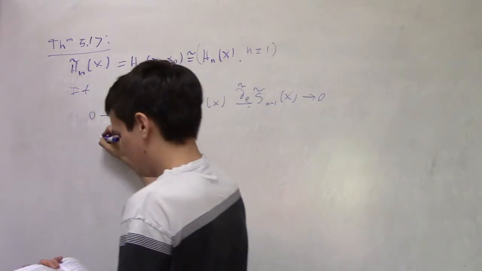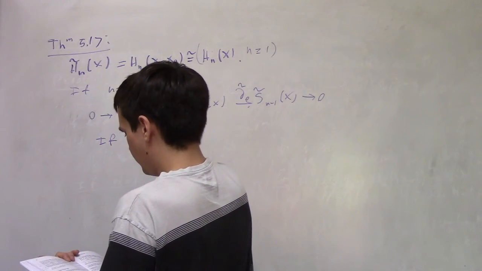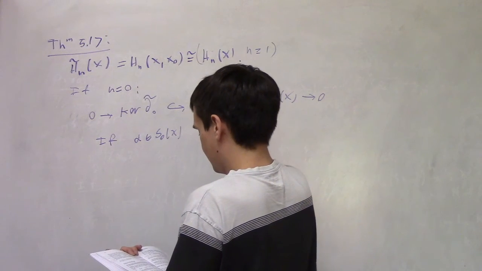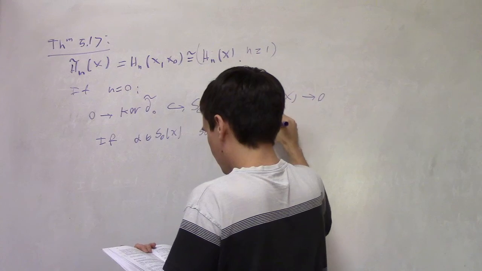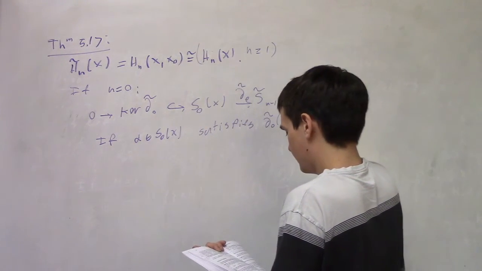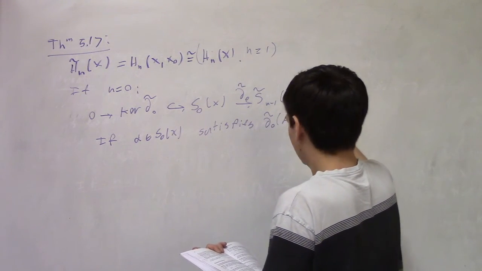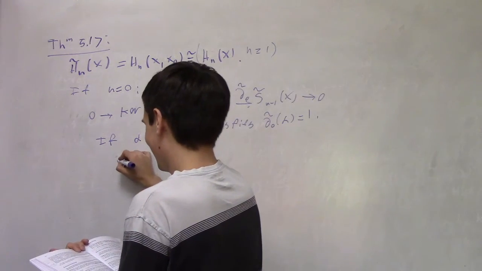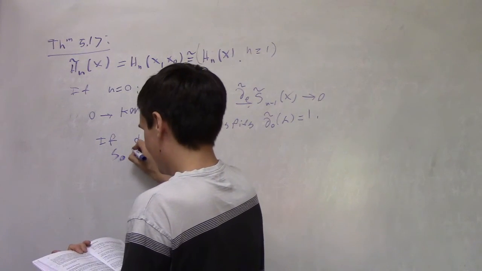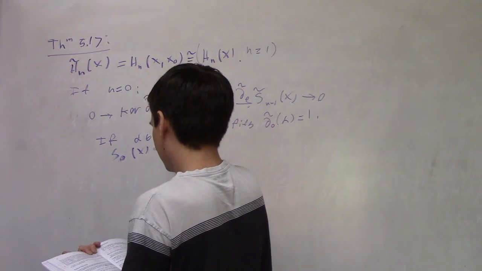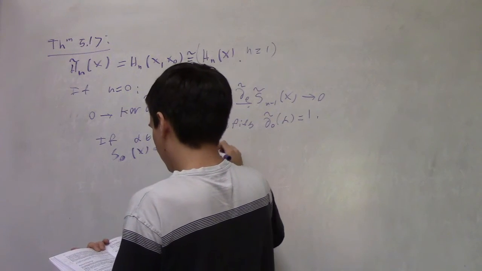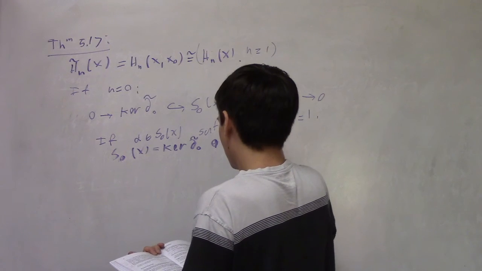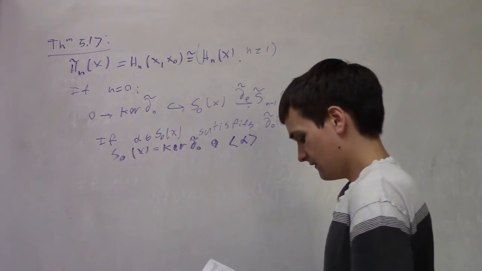He says if alpha in S naught of X satisfies partial naught tilde of alpha equal to 1, and it's easy to see, footnote, that S naught of X is equal to the kernel of partial naught direct sum the subgroup generated by alpha.